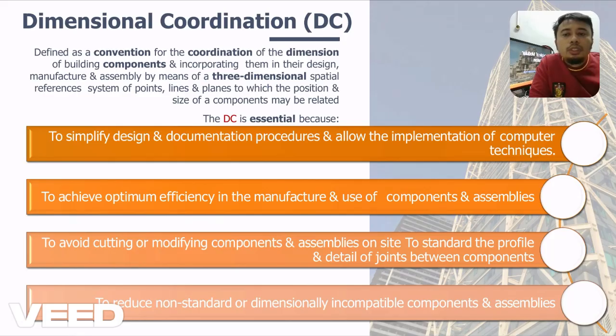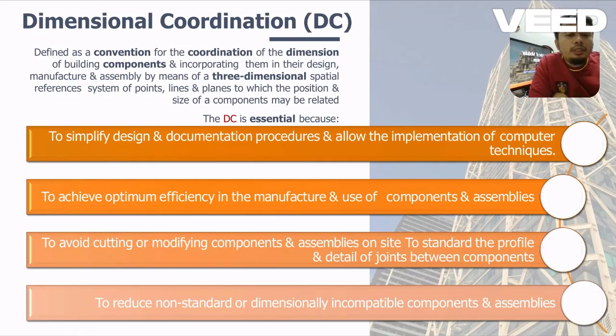So the coordination is in a three-dimensional spatial reference system, in terms of points, lines, and also planes. So there is a coordination between the dimension of planes, the dimension of points, coordinates, and also the dimension of lines, which dictate the size of components.